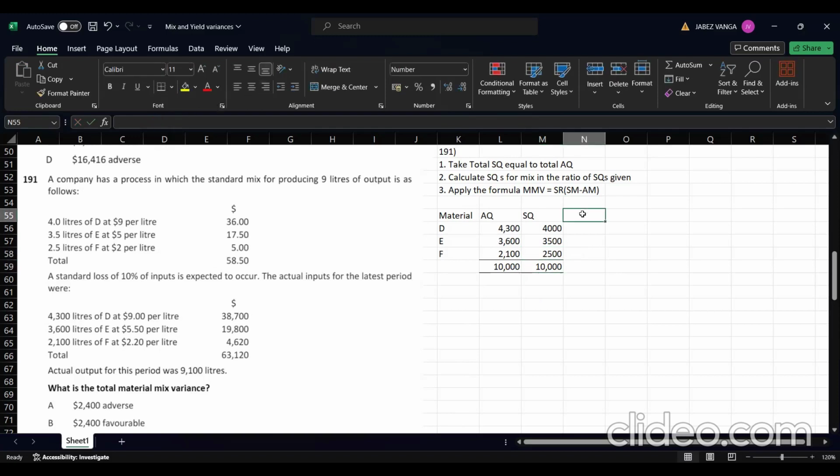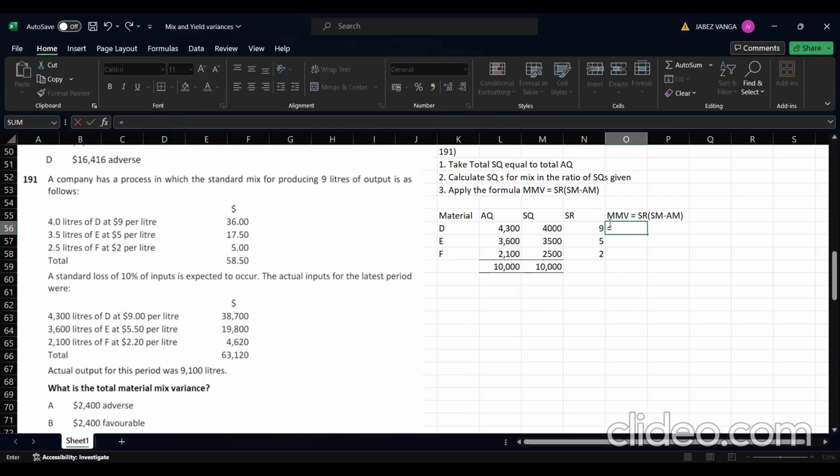Write the standard rate. Next one, take the standard rate. Standard rates given are 9, 5 and 2. Material mix variance is equal to standard rate into standard mix minus actual mix.